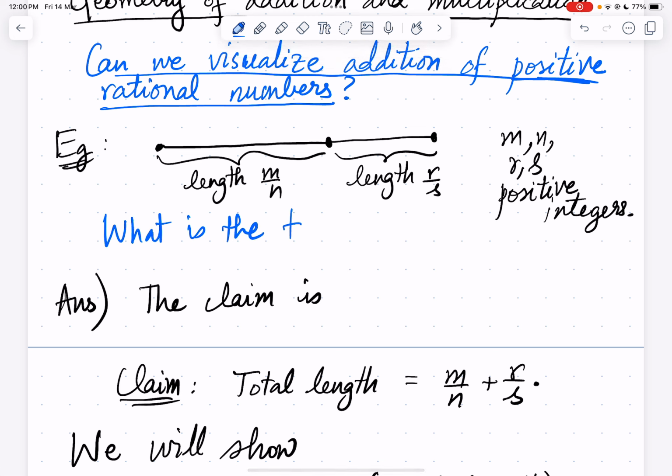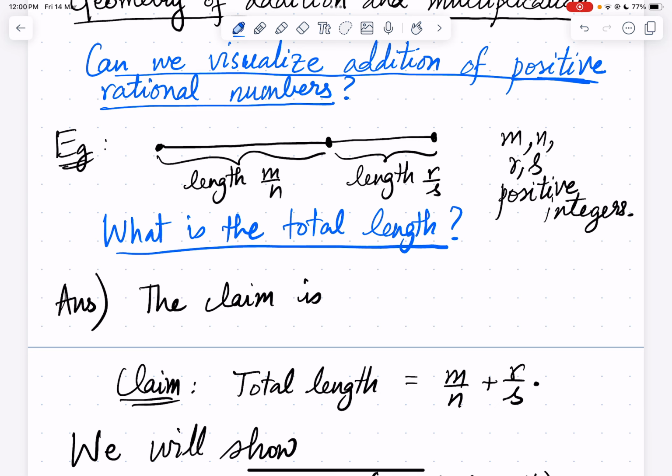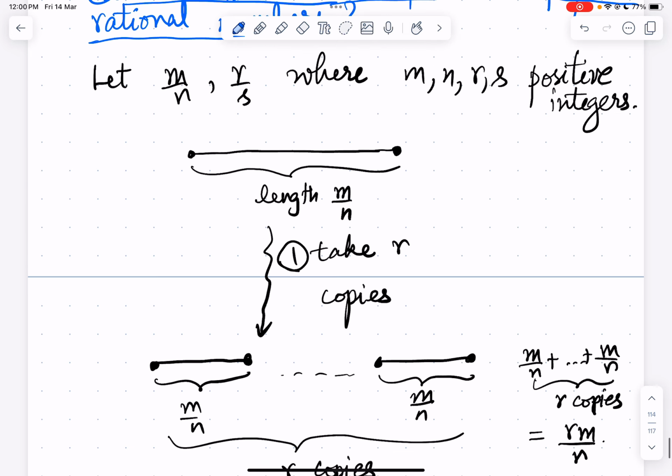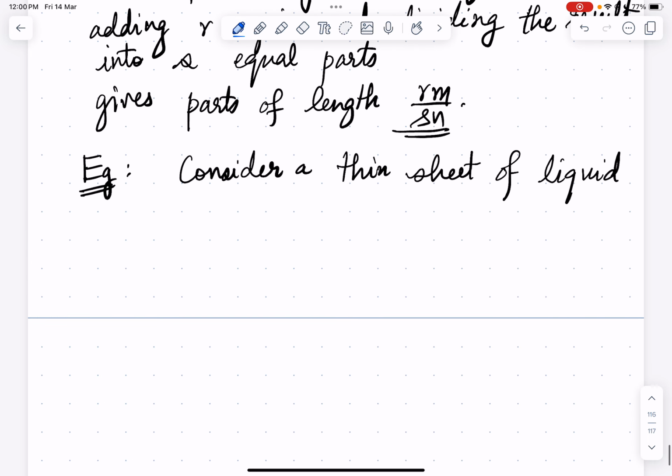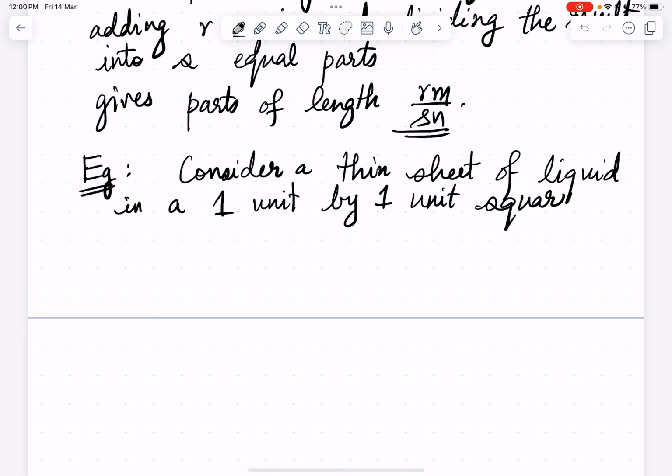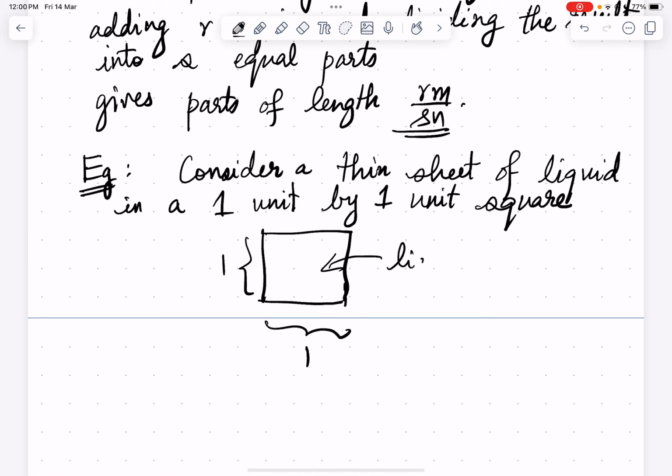What is the total length? Okay, so consider a thin sheet of liquid in a 1 unit by 1 unit square. So you have a 1 unit by 1 unit square, and in this there is a thin sheet of liquid.